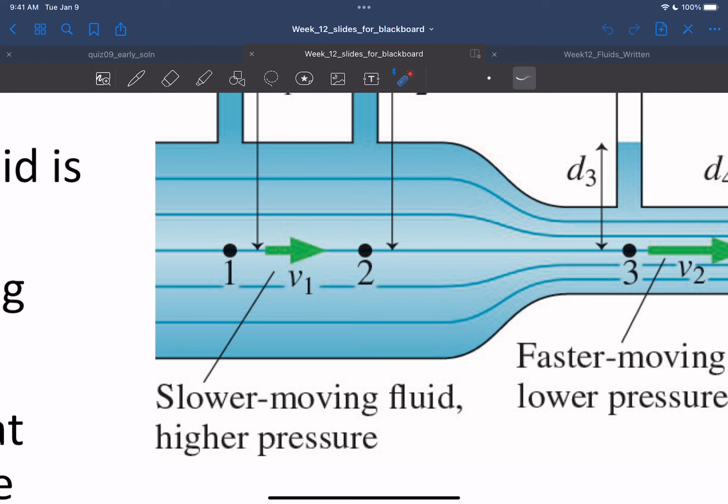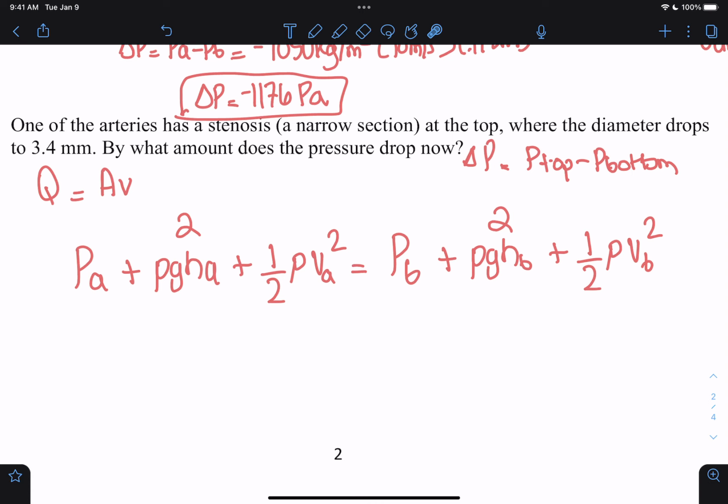Now, we already said that if you squeeze on it, or if you clog the artery, for example, then you decrease area and you increase speed. Well, if speed is larger here, assuming the same densities, then this might be 4 and this might be 3, for example. We want to make sure that this left-hand side is equal to this right-hand side.